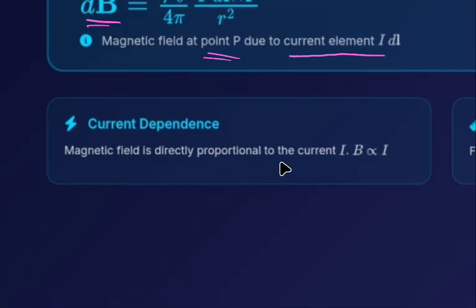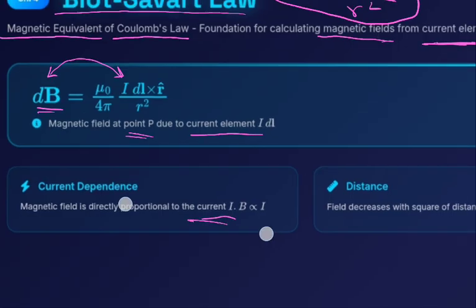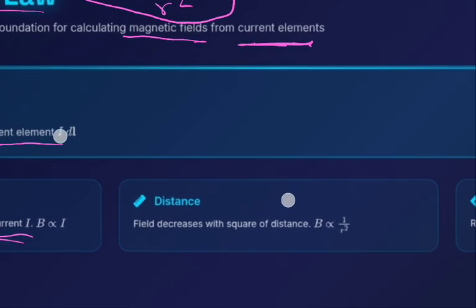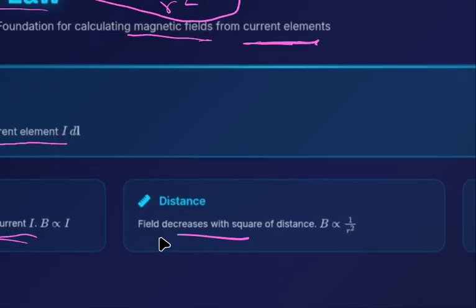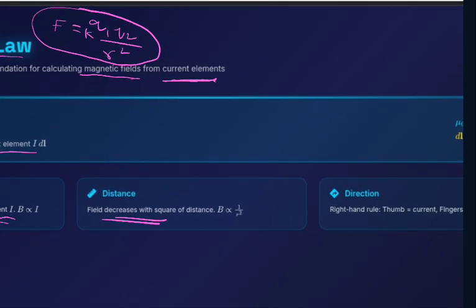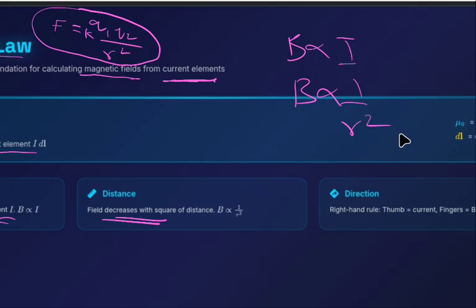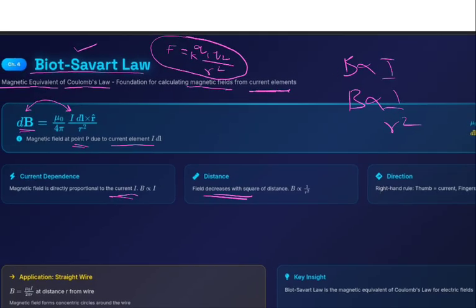Magnetic field is directly proportional to current I, and inversely proportional to the square of the distance. So B is proportional to I, B is inversely proportional to r square. Combining both, we get B equal to mu naught I dl by 4 pi r square.